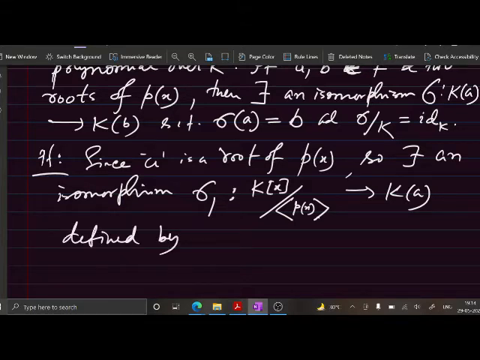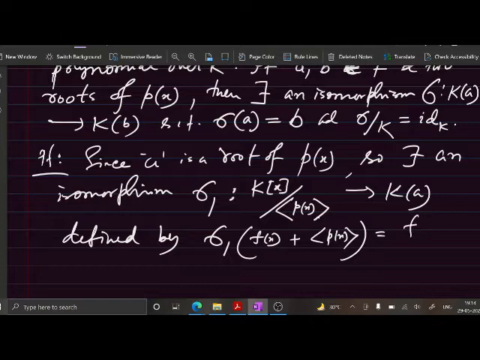What is the definition of this sigma 1? Sigma 1 of f(x) plus the ideal is mapped to f(a).